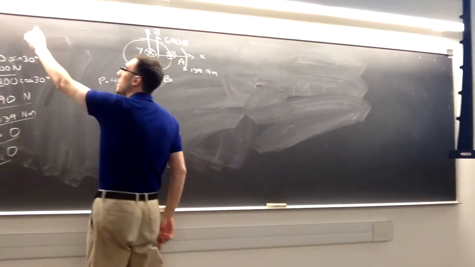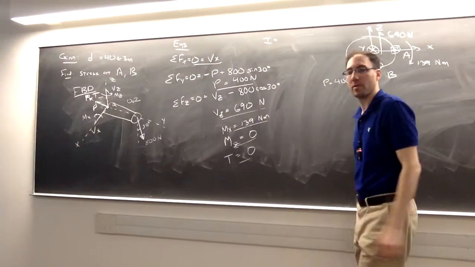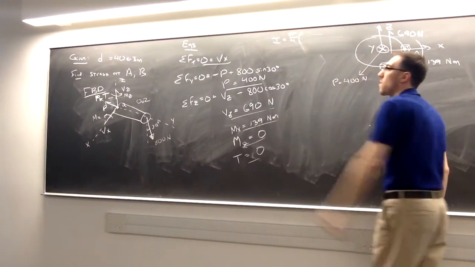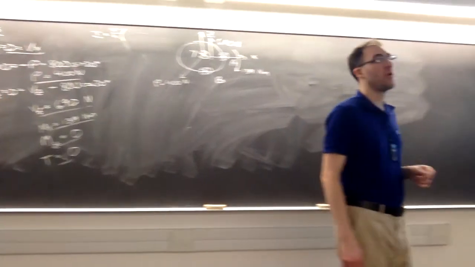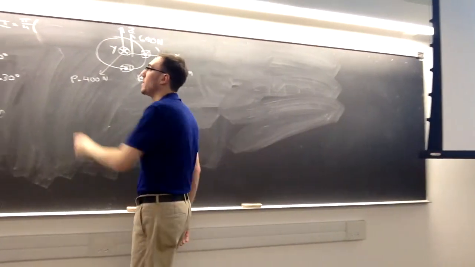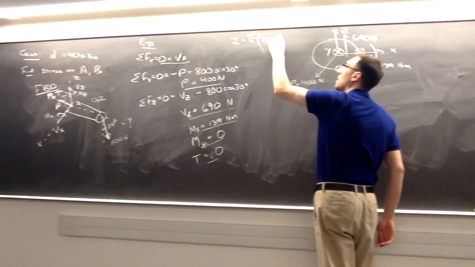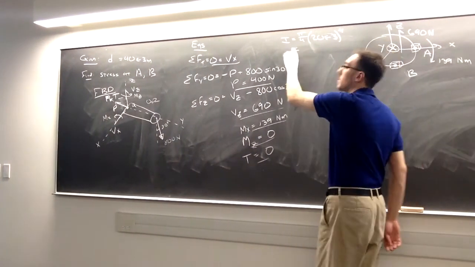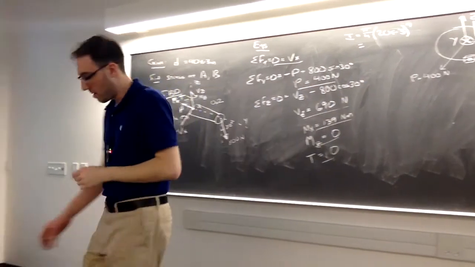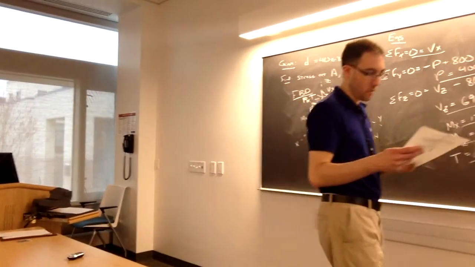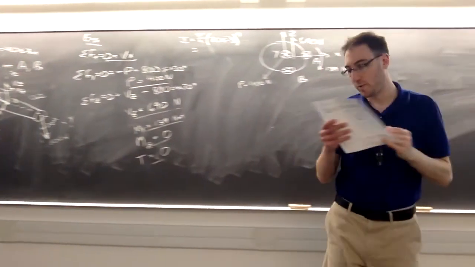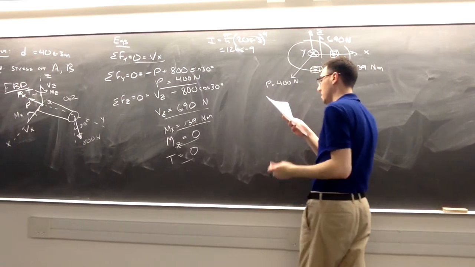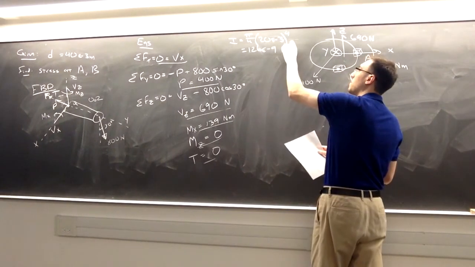While I'm here, I'm going to need to use certainly the value of I, so I might as well calculate it. In this case, pi over 4 r to the fourth. My diameter is 40 millimeters, so my radius is going to be 20 millimeters. My moment of inertia is therefore going to be 126 times 10 to the negative 9 meters to the fourth.